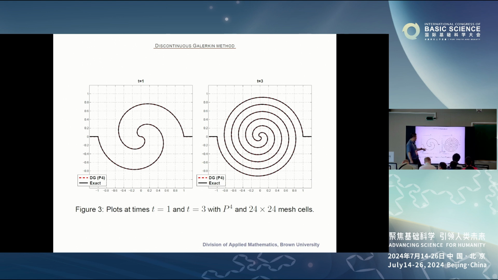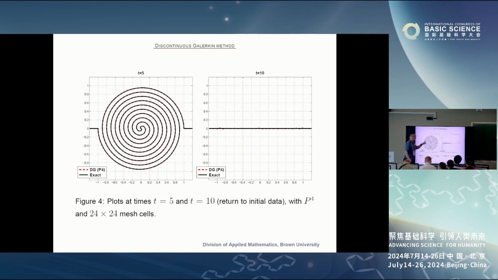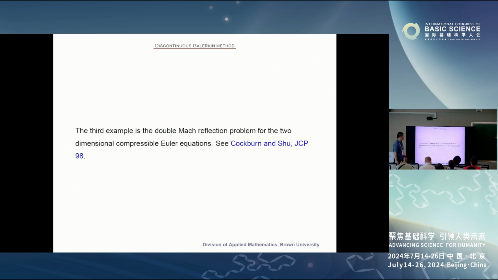You don't even see the red lines, which means they are overlaying each other very well. The exact solution and numerical solution agree very well. Then they unwind, and finally become this. Here you can see a little bit of thin red, which is an error, but not too much. So this is pretty good performance, considering it's only a 24 by 24 coarse mesh. DG is quite amazing in terms of wave resolution property.